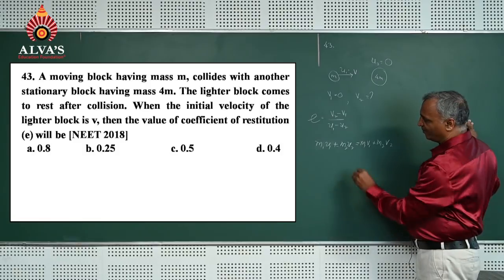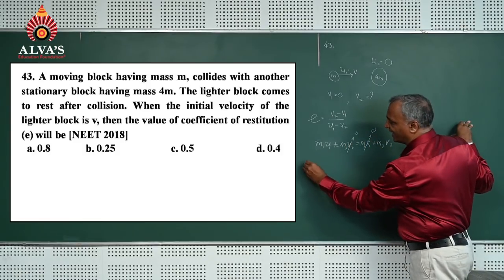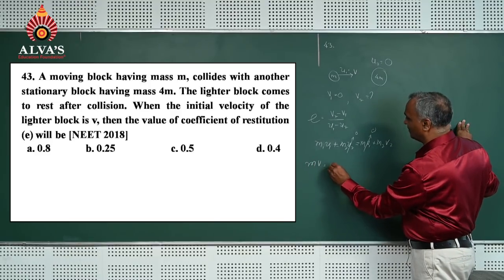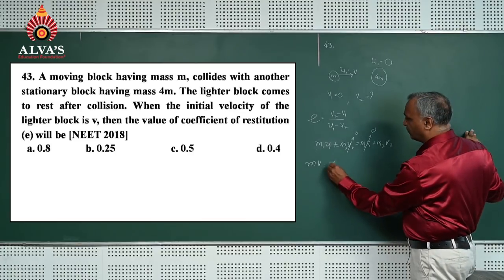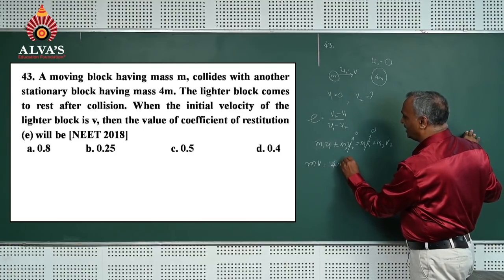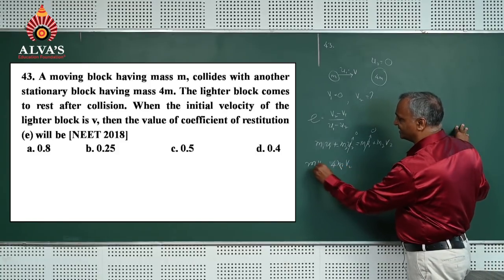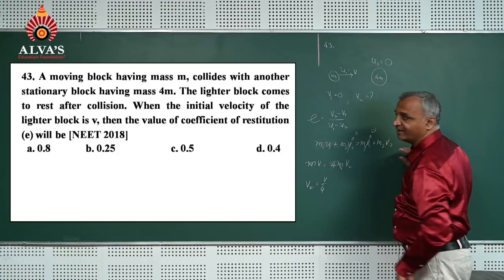But u2 is 0, v1 is also 0. So I can write m into u1 is given as v and this is equal to m2, m2 is given as 4m. So 4m into v2 I can write. So m cancels. So I'm going to get v2 is equal to v divided by 4.